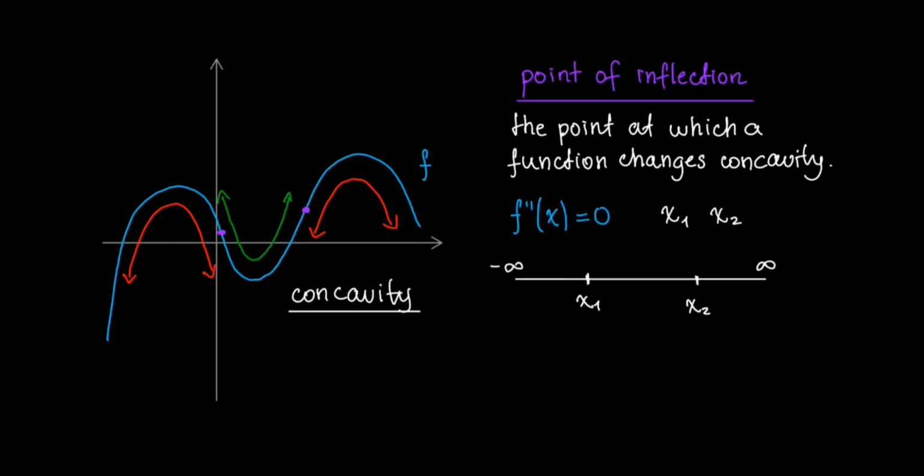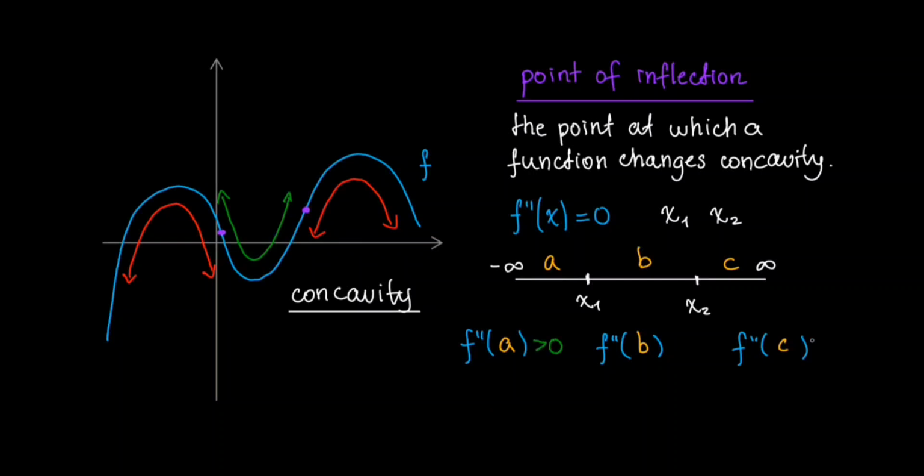And just like before, we pick three random numbers from each of these intervals. So let's say I denote these numbers as A, B, and C. And then I take these three randomly chosen numbers and plug them into the second derivative. Let's say the answers I got are the following.